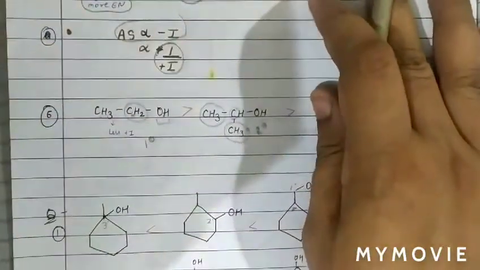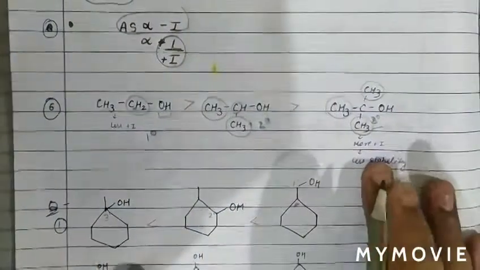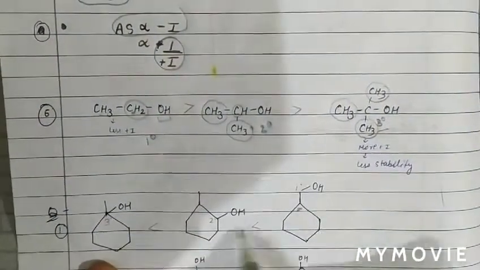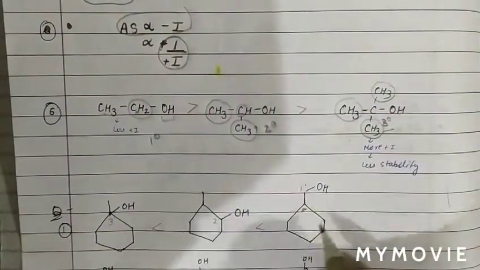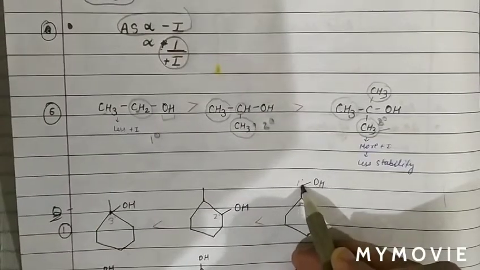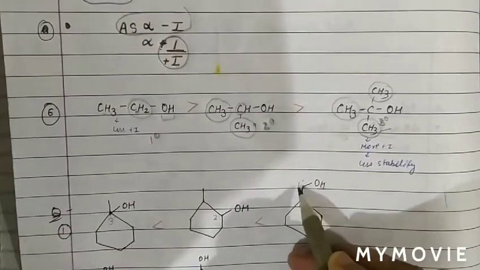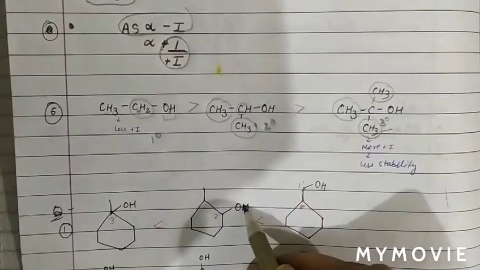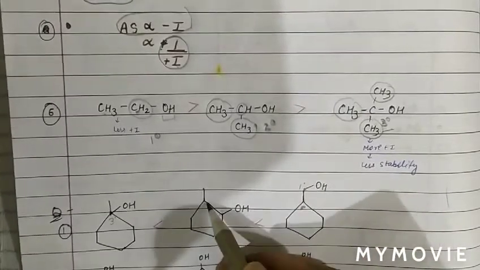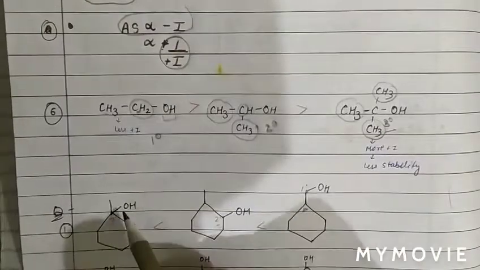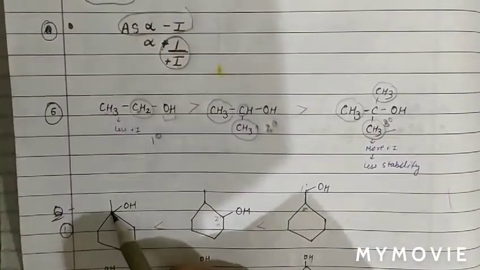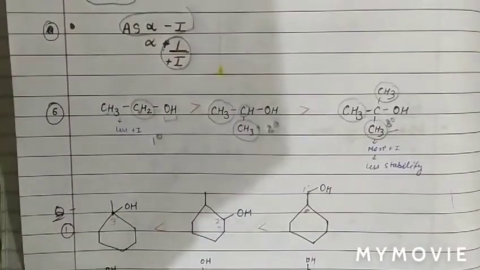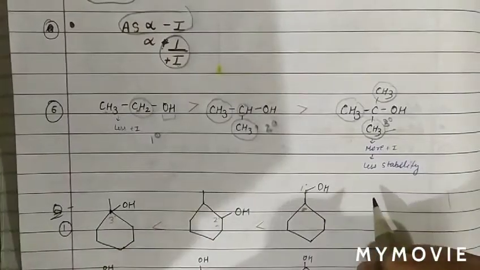Again we have to compare the acidic strength for the 3. The functional group is attached to this carbon, which has only one neighbor, therefore it is 1 degree. For this carbon there are 2 neighbors, therefore 2 degree. For this carbon, the neighbors are 1, 2, 3, so it is 3 degree.